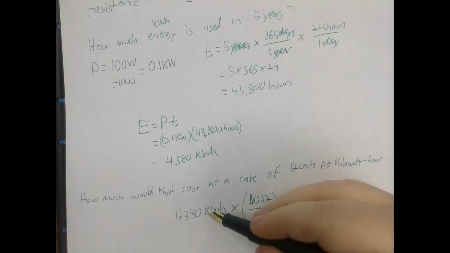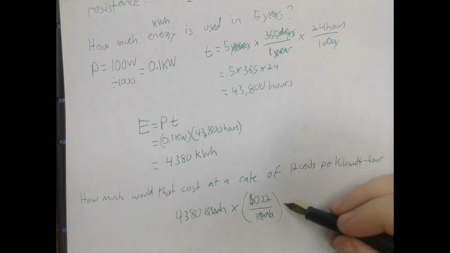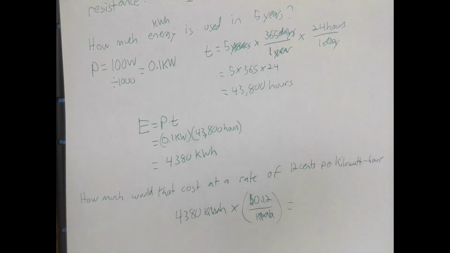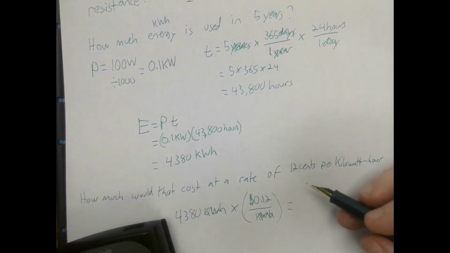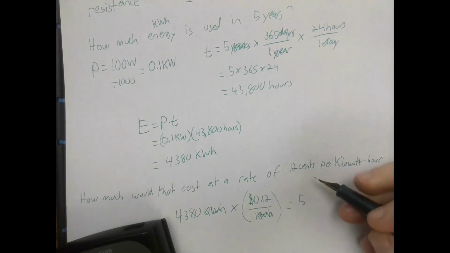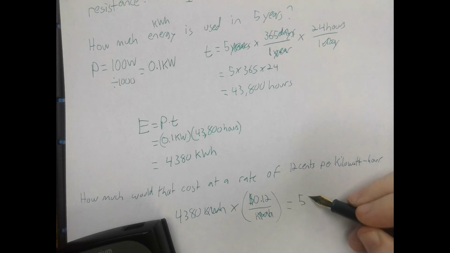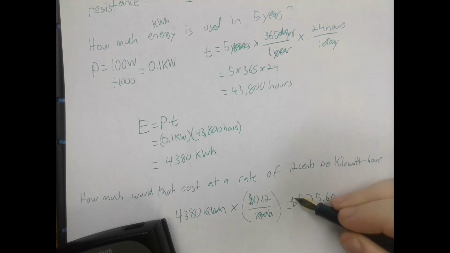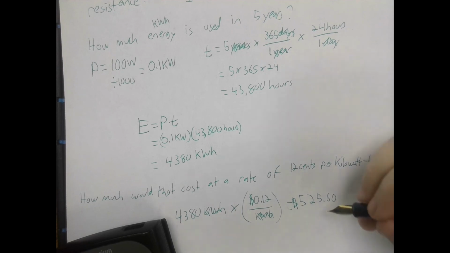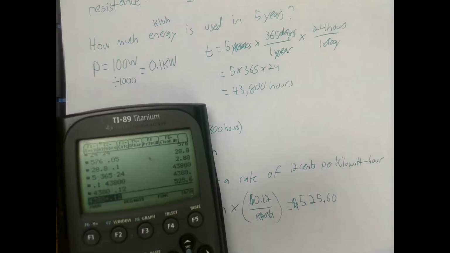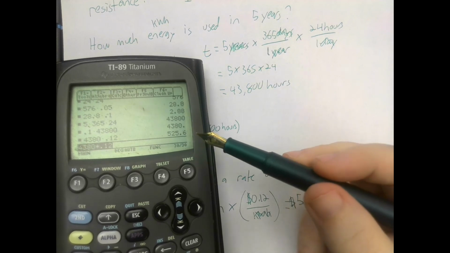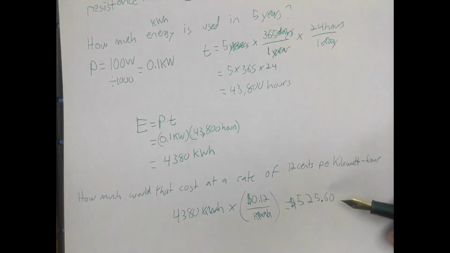Kilowatt hour gets removed because you're dividing it by itself, and so we want to get dollar signs. That one little $5 light bulb would cost you $525.60 over the course of its lifetime. Note, even though the calculator says 0.6, when dealing with money, we always write it to 2 decimal places.